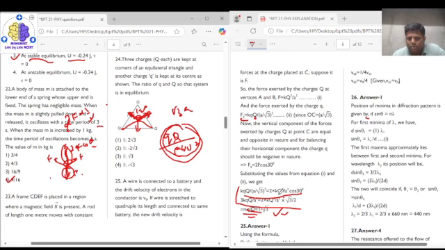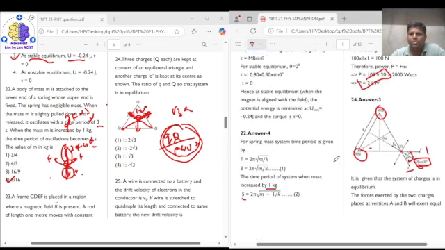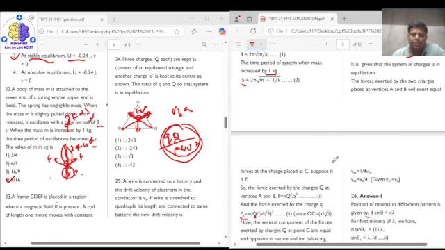This is the resultant and this is the force because of the third. Equating this, we can easily get the ratio of q by Q. So the correct answer for question number 24 is option 3, that is 1 by root 3.